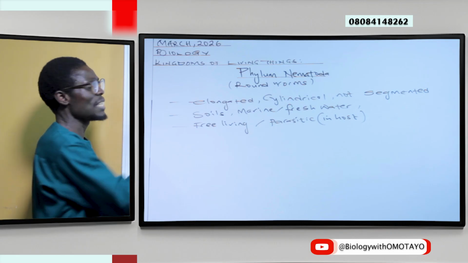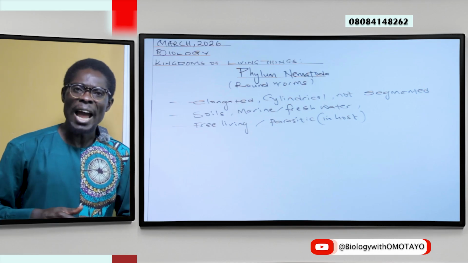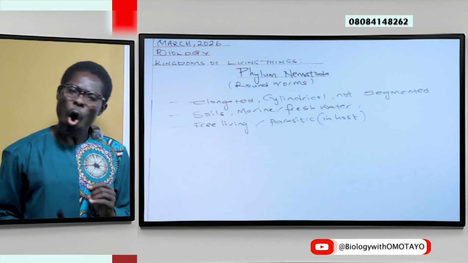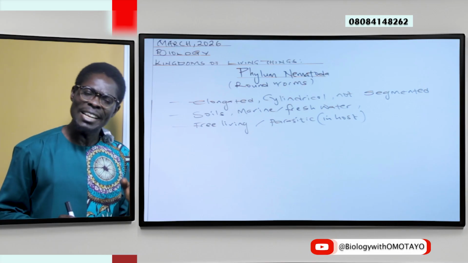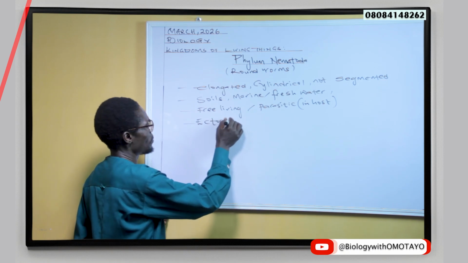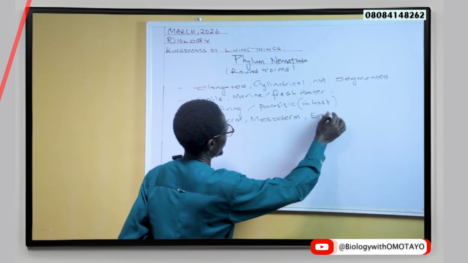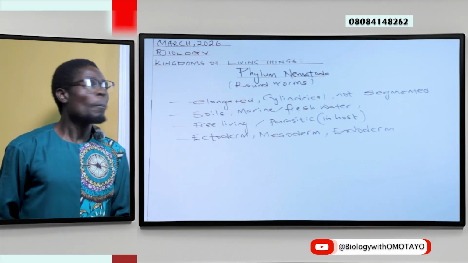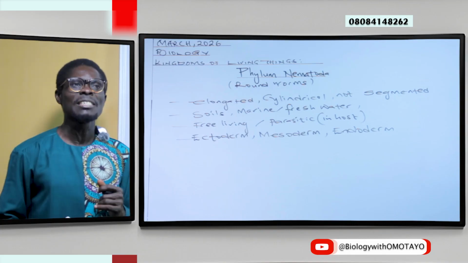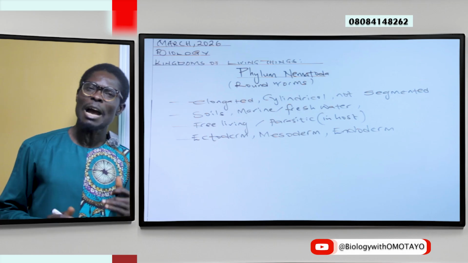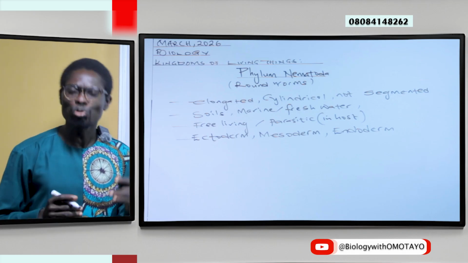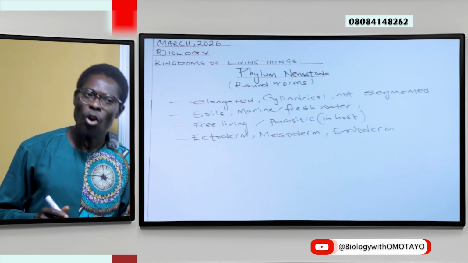Now, for this very phylum, they have what can be regarded as a body cavity, although there is still a little challenge. Yes, there is presence of ectoderm, mesoderm, and endoderm. But aside these three, there is equally another cavity that makes it difficult for us to really refer to them as true body cavity organisms.